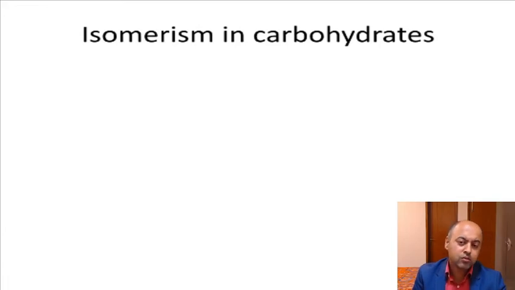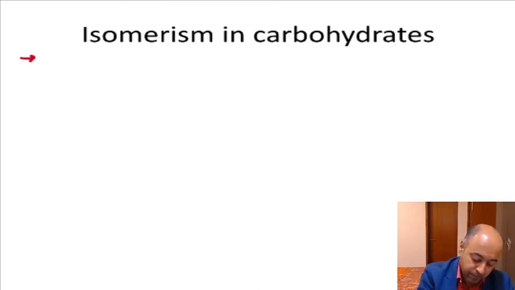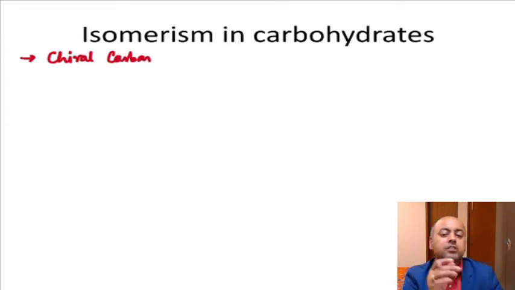Then we have what is known as isomerism in carbohydrates. When you talk about isomerism in carbohydrates, isomerism can be because of various factors. First, we have the chiral carbon, meaning a carbon where 4 valencies are occupied by 4 different groups.